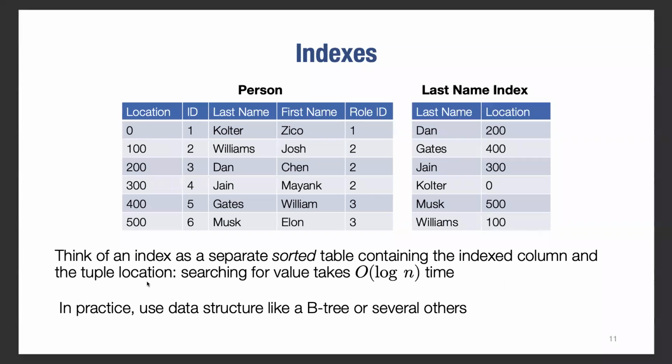The tuple, remember, is each record in the table; each record is a separate tuple. So it is going to point to it, and automatically your search time, or the complexity, your big O in the worst case, becomes the order of log n.